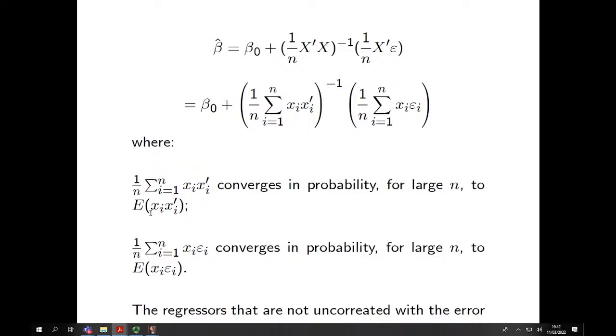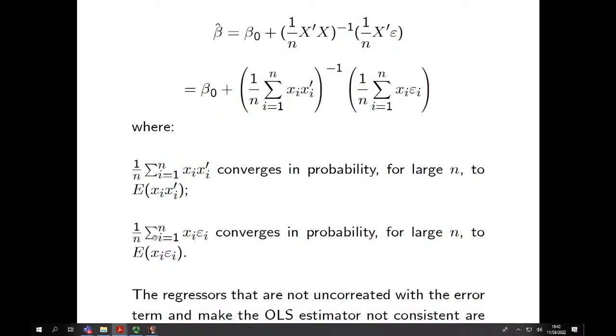It's not complicated. But the very important element is the second one. The second one again converges in probability to the expected value, so I replace the average with expectation. Now you understand that if this expected value is equal to 0, when n gets larger, the OLS beta estimator is equal to the true value plus something which goes to 0.